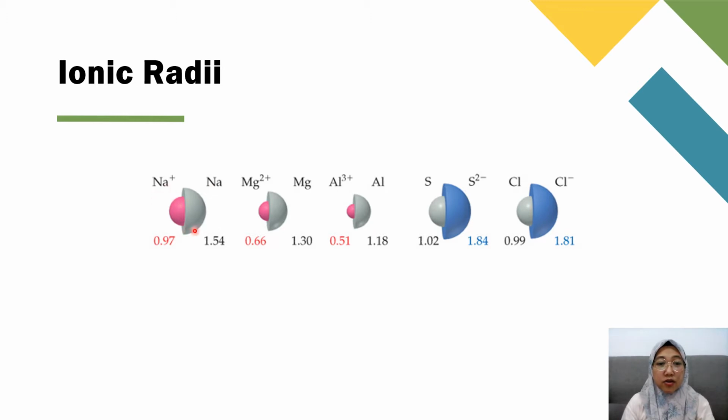Okay, for sodium atom dia akan release electrons to become sodium ion. Okay, compared to anion, we have here sulfur and chlorine. To become an ion, the atom will receive electrons.